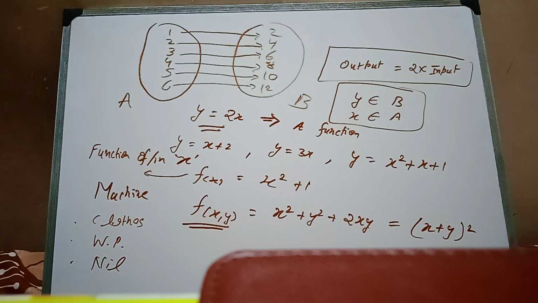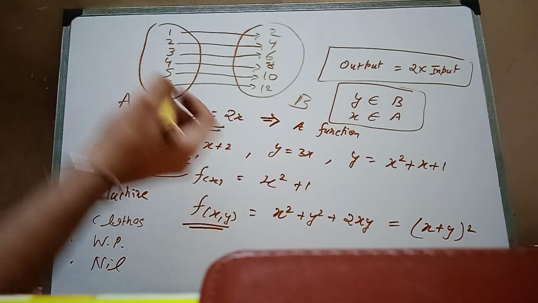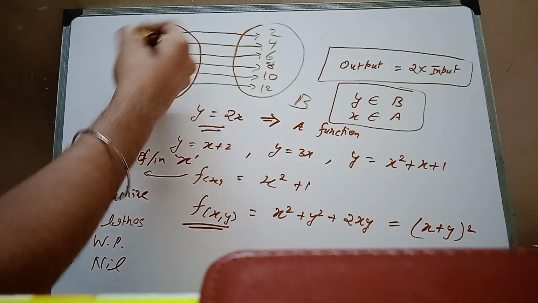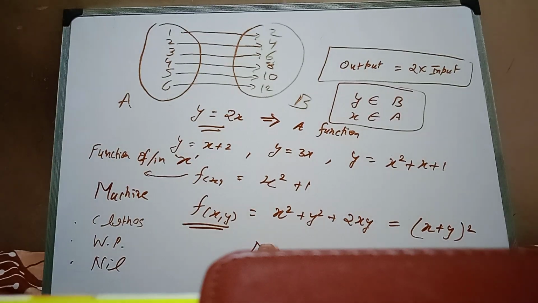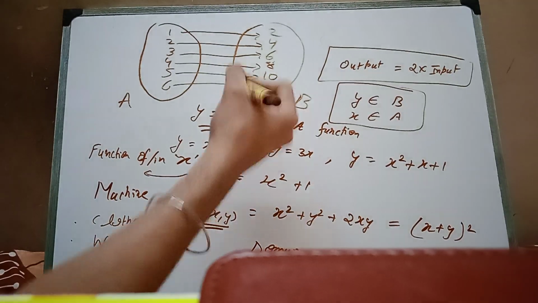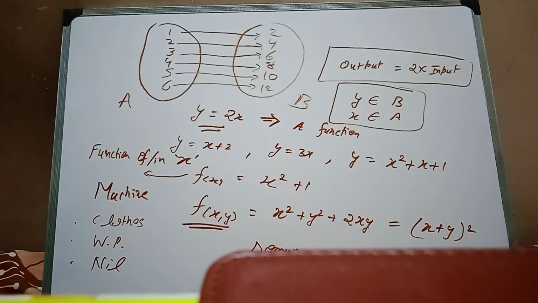Now last thing to be noted is that in a function, these elements are called domain and these are called range. We'll talk about this in the next section also, just a glimpse of that.